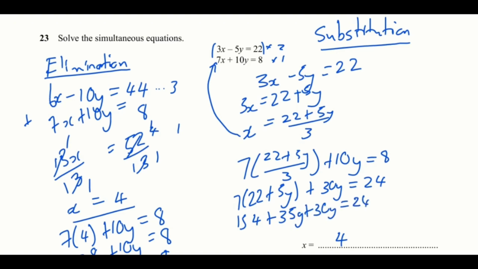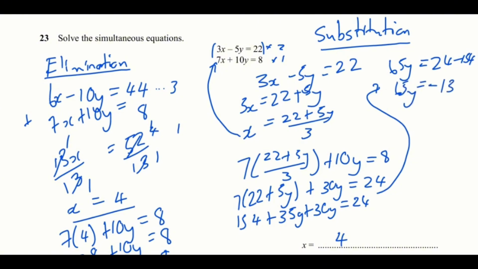Then I add these ones. 30 plus 35 is 65y equals 24 minus 154. So 65y equals 24 minus 154, that's minus 130.